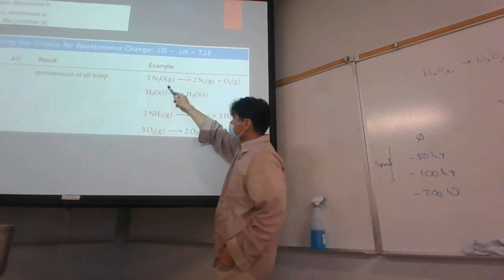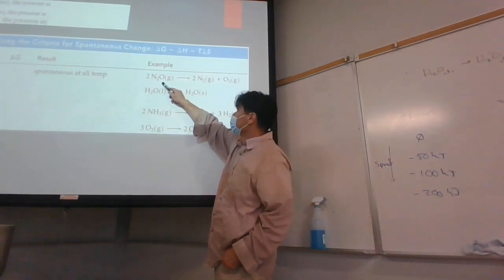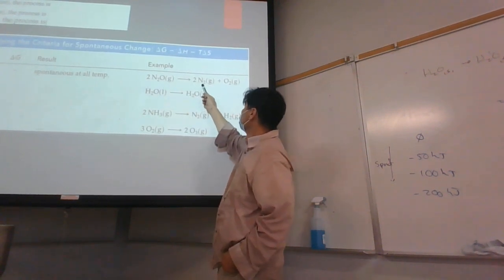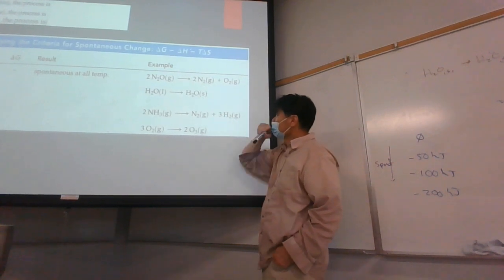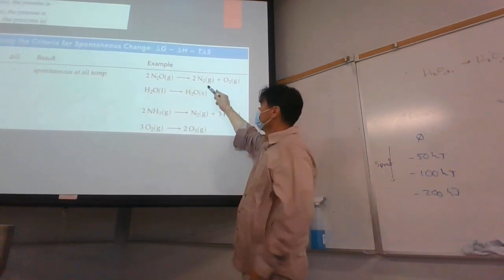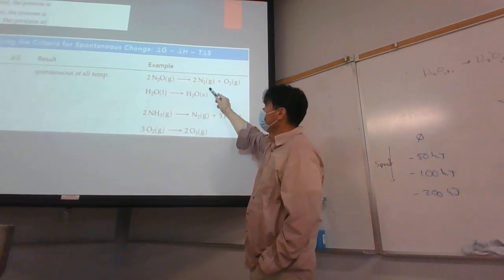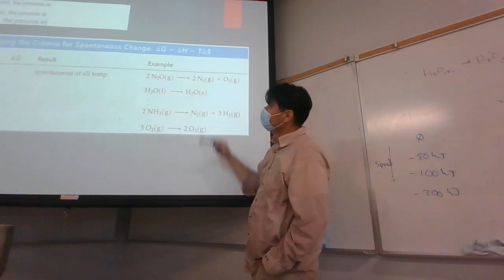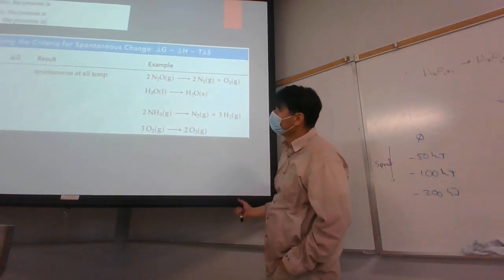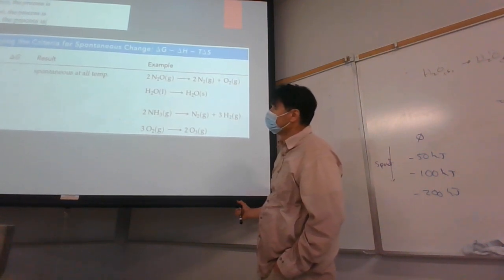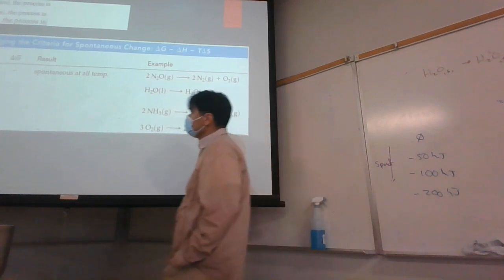And let's look at the first example here. Here we have dinitrogen monoxide or nitrous oxide decomposing into nitrogen and oxygen. This is a redox reaction here. And so in this particular example, what would delta H be? Be exothermic or endothermic? Well, in this case, it's exothermic.